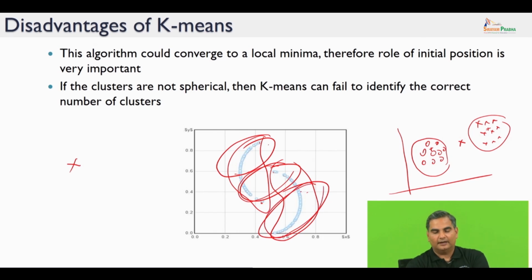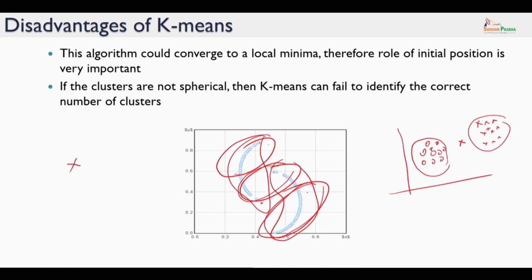So, these kinds of issues could be there. Of course, as I said before, there are other clustering algorithms which will quite easily handle data that is organized like this. But if you were thinking about k-means, then these are some of the things to think about.